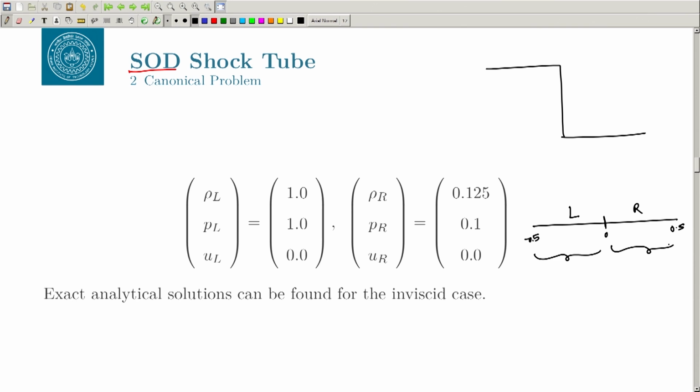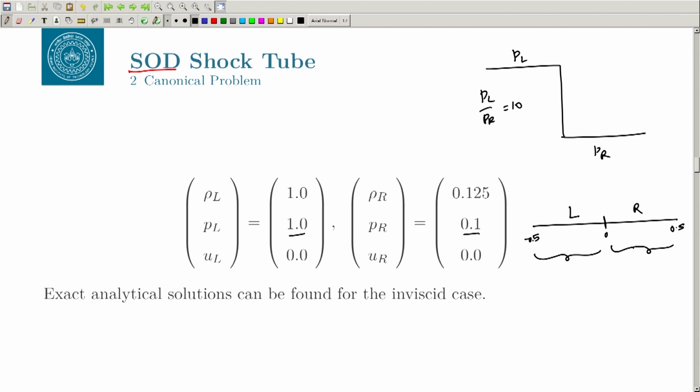The left condition, let us say this is PL and this is PR. So, PL by PR is basically 10. If you put 1 on the left hand side, the right hand side will be 0.1. You can also do it in a dimensional way, but the main thing to see here is the ratio between the left hand side and right hand side.